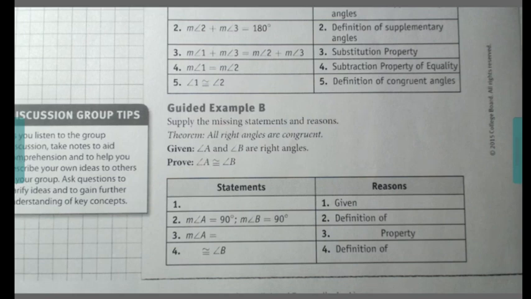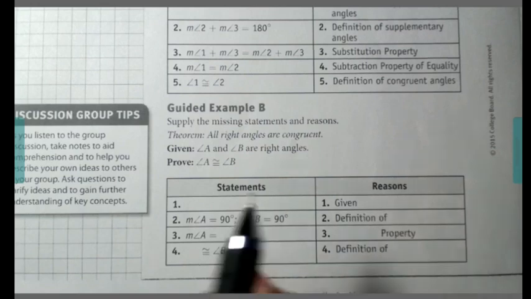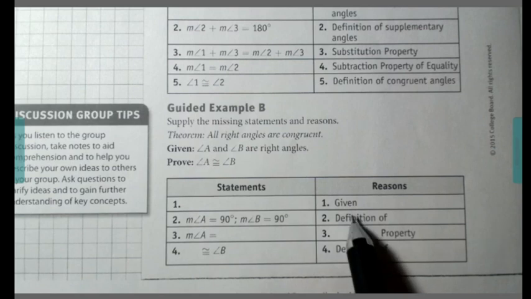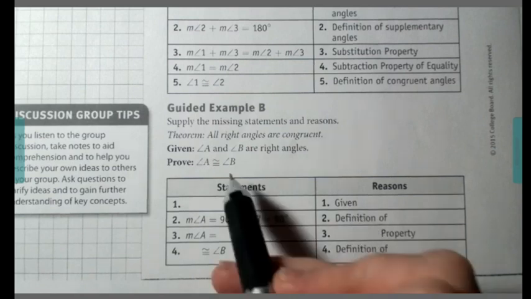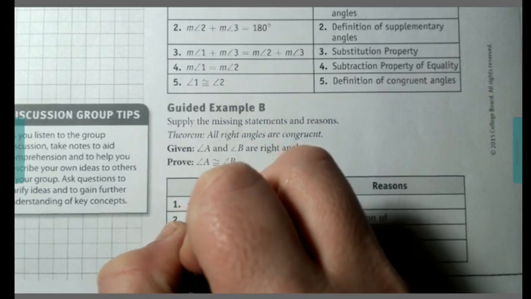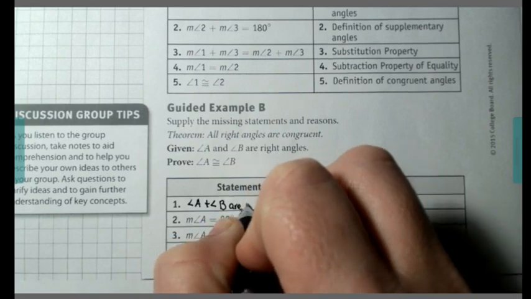Prove, angle A is congruent to angle B. So they've kind of got us a few statements along the way. They've given us a few reasons, and they want us to kind of fill in the blanks. So let's see. What were we given to begin with? Well, we were given this statement right here. Angle A and angle B are right angles.